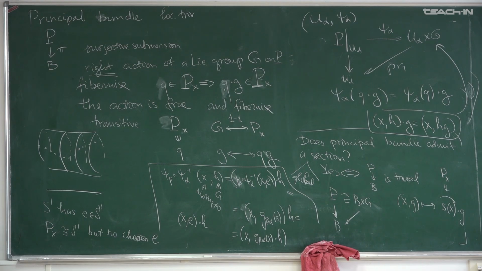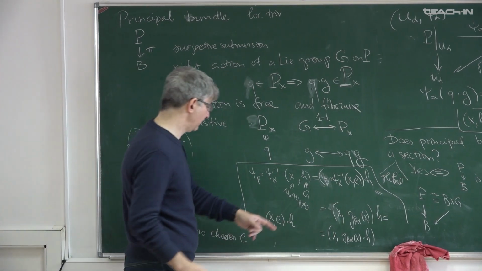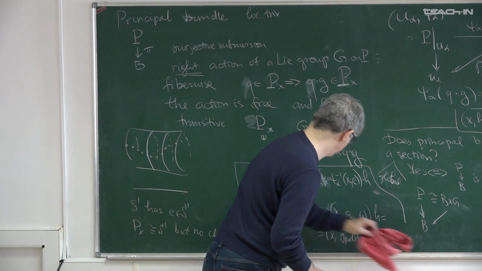Why did I write the same letter as previous letters? Because it's the same object: g beta alpha is a function.